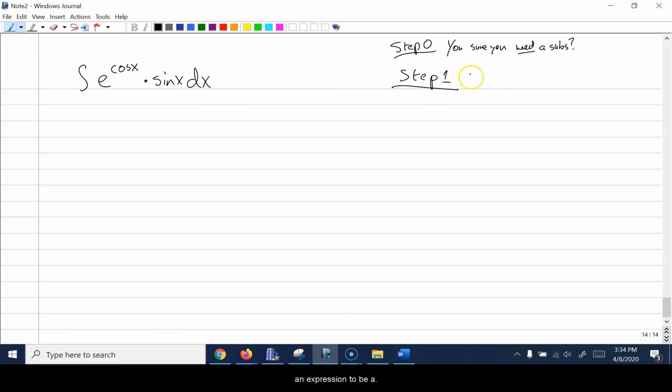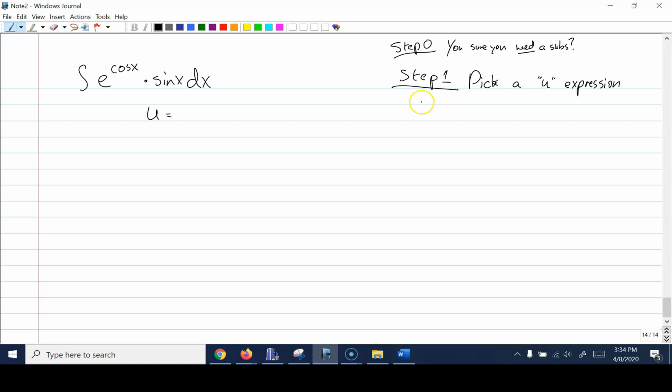Step 1, pick an expression to be a u. We want u to be something. We get to choose the u. The u is our pick when we do this integral.